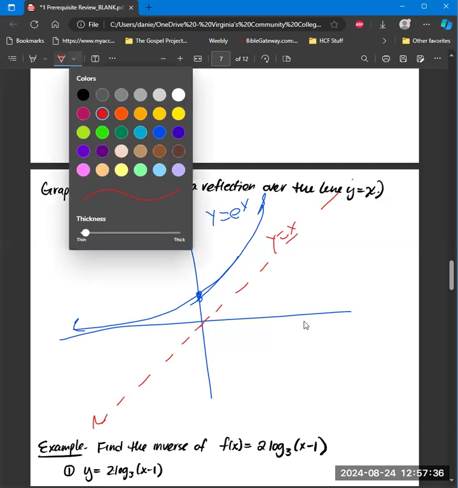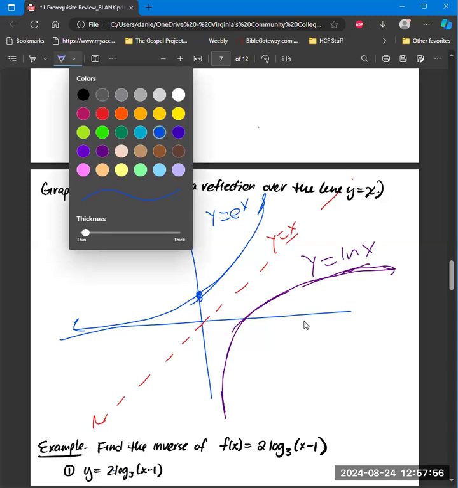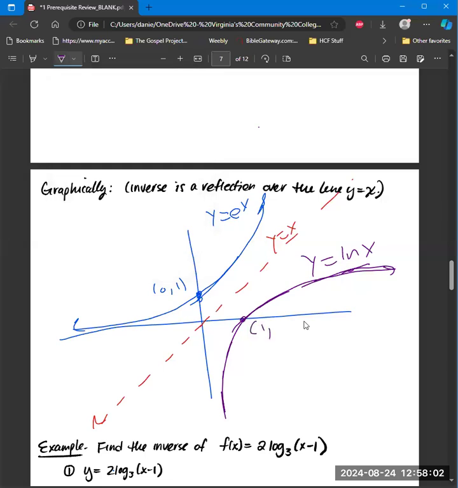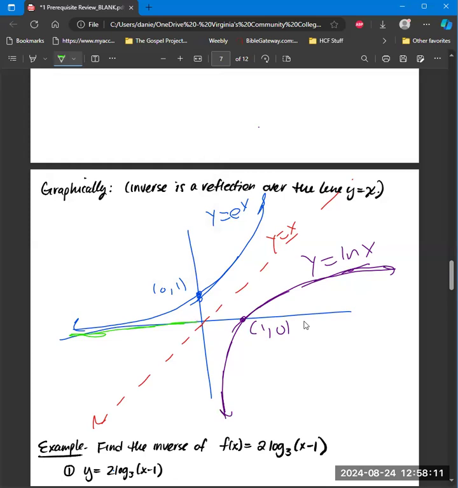And here's the curve y equals ln of x. Every point, like this point 0, 1, will switch x and y values and will become a point over here like 1, 0. And note that you have this horizontal asymptote over here on this side that turns into this vertical asymptote down here when we switch x and y.